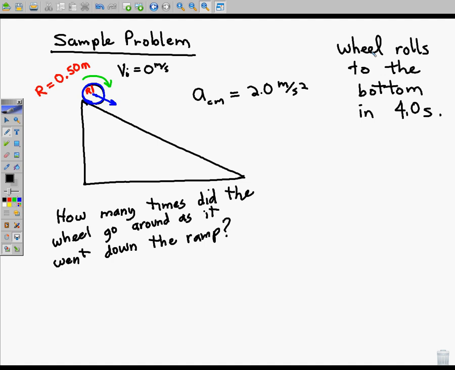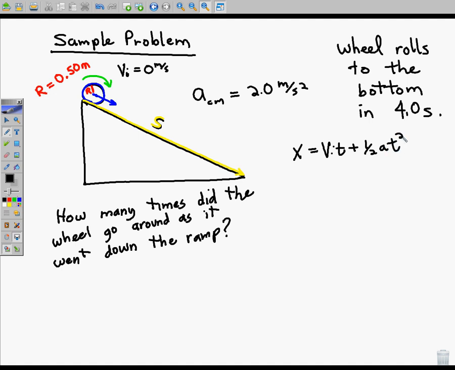Well, we could calculate this distance down the ramp from here to here. We could calculate this distance, call it S. Just using the great displacement formula, old school, we know that x is equal to v_i t plus 1/2 a t squared.